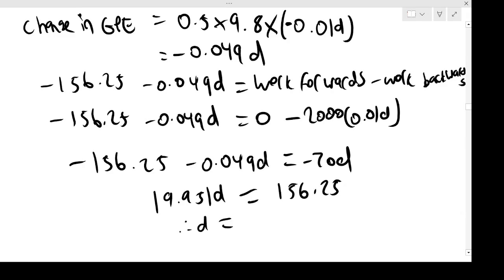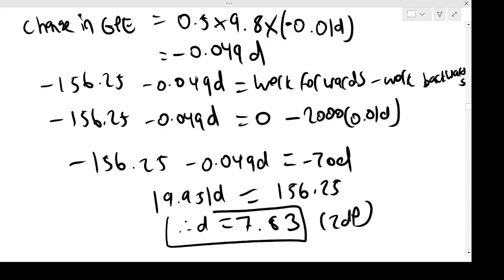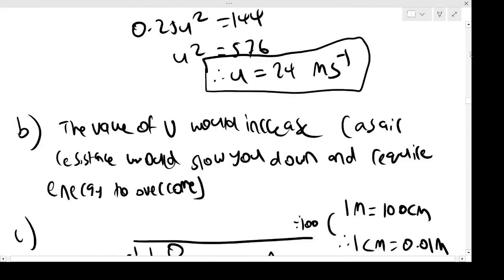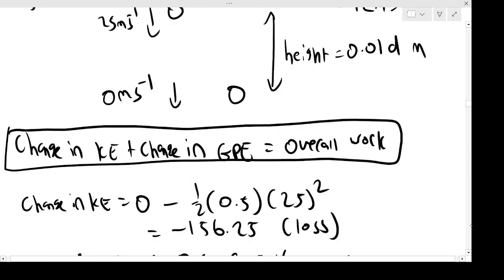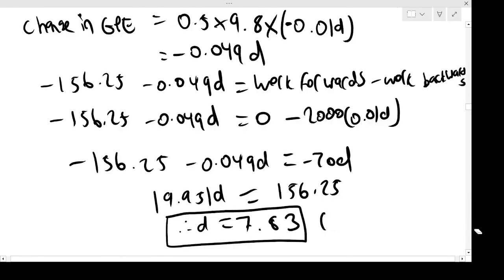Therefore, d is going to be 7.83 to 2 decimal places. And there we are. That is the value of d there. Oh, to 3 significant figures. Oh, that's the same thing. 3 significant figures. There we are. Cool.